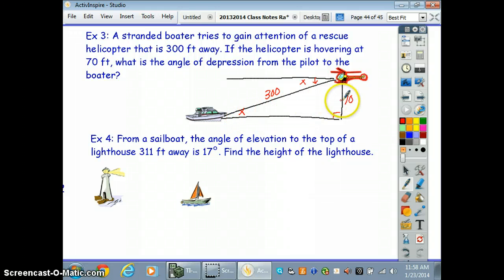So opposite, hypotenuse is sine. Sine, don't know the angle, so we'll call it x, equals 70 over 300. So x equals sine inverse. When you don't know the angle, you take the inverse. And we'll go to our calculator.